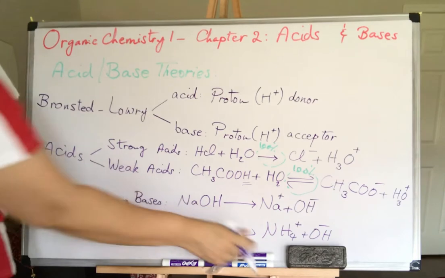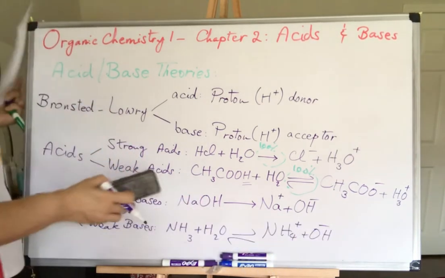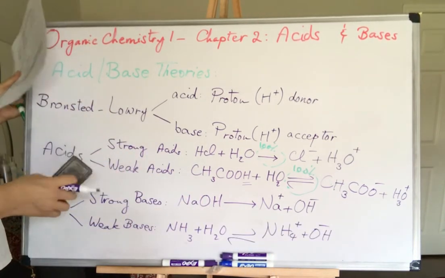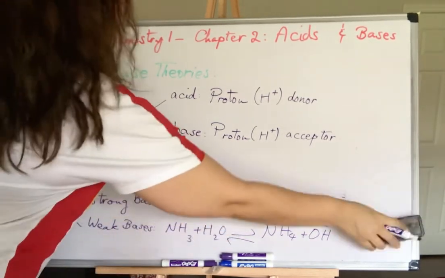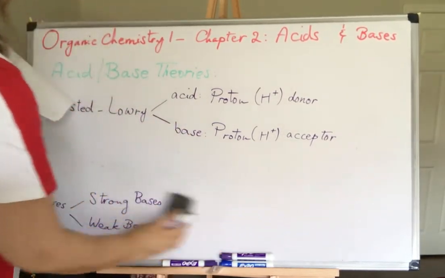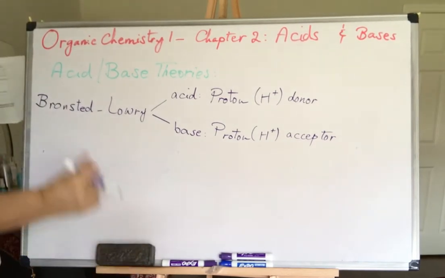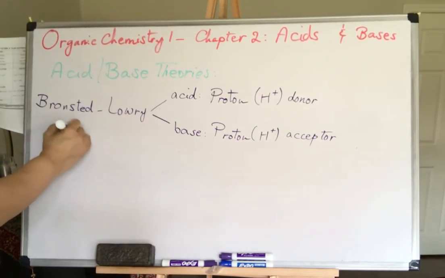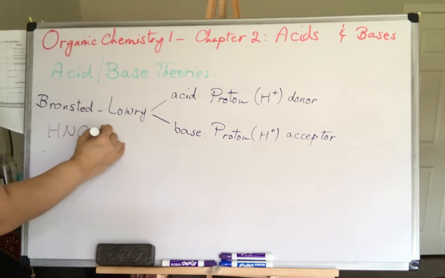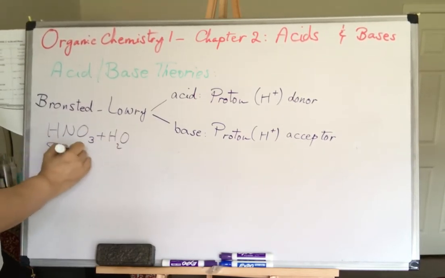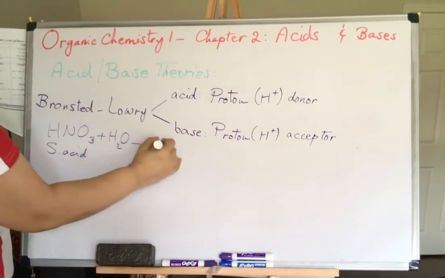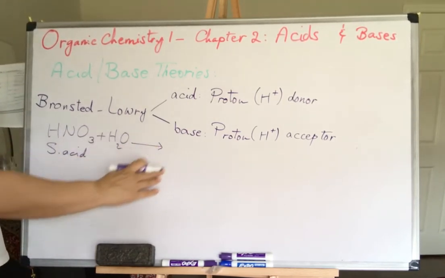So can you work on the rest of them on page 1 on the strong acids and bases? I'm sure you can. You have HNO3 plus H2O, which is a strong acid. So it just needs a one-way arrow.